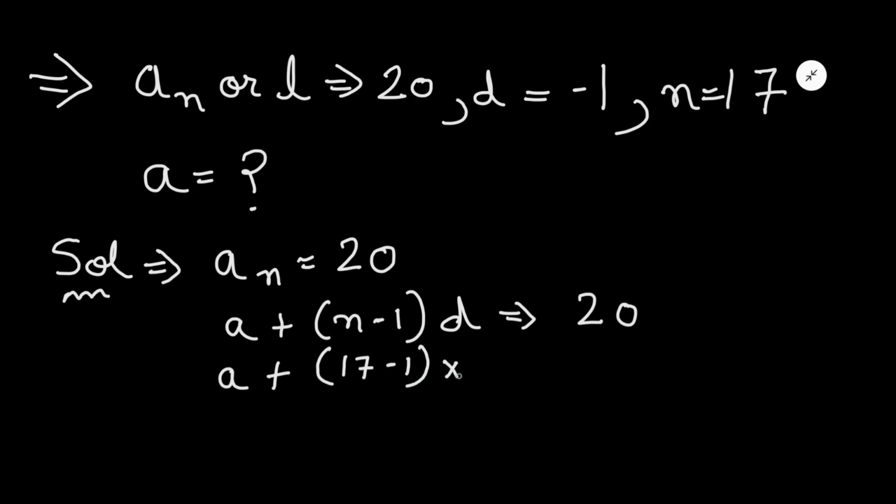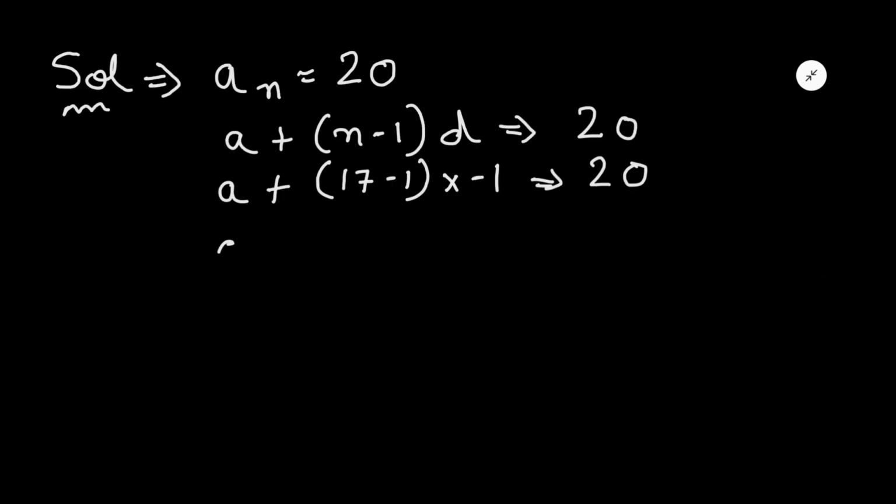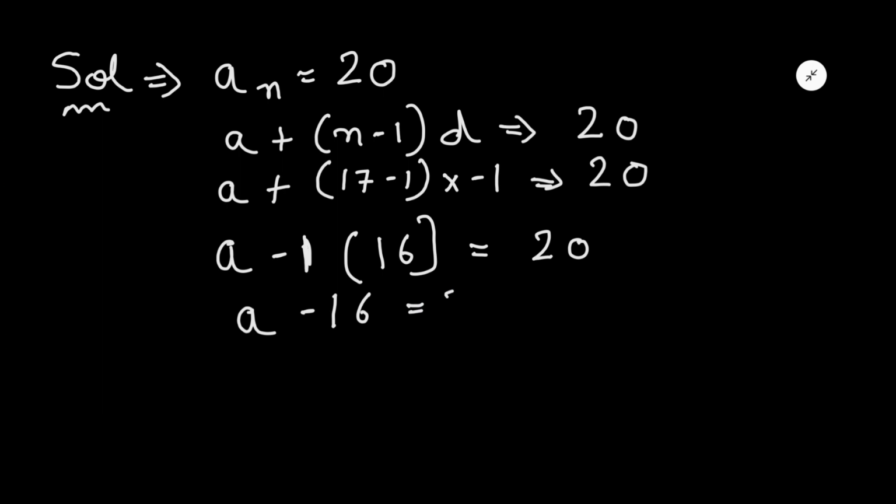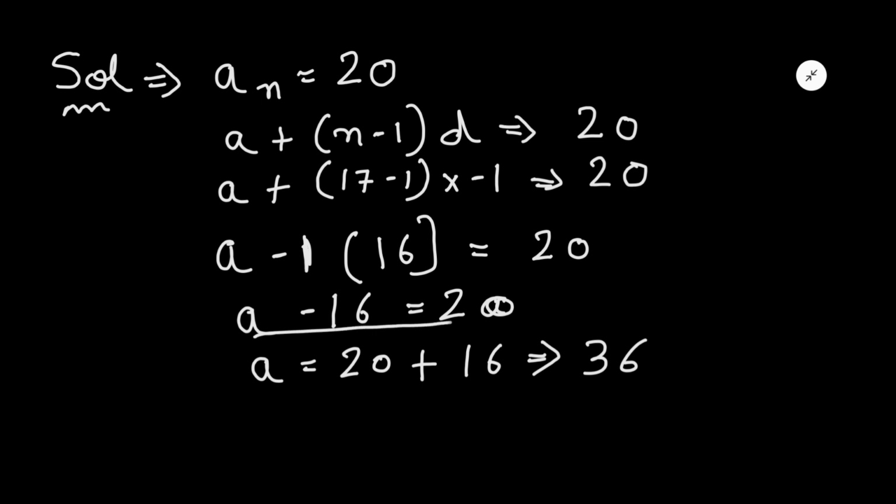The common difference is given as minus 1, equal to 20. So here a minus (17 minus 1), which is 16, is equal to 20. a minus 16 is 20. So the value of a is 20 plus 16, which is equal to 36.